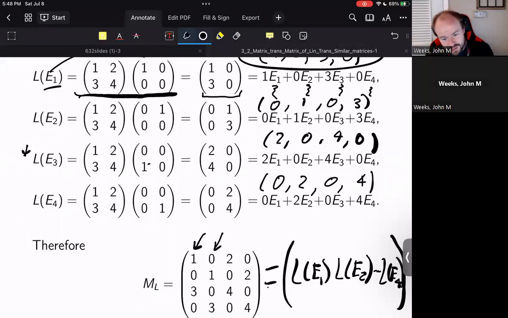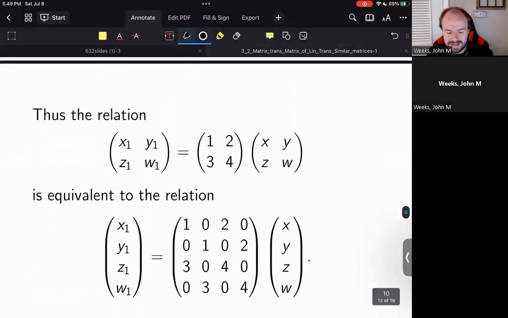And this is a little bit interesting because we haven't really thought about this. We may have thought, oh, okay, well, maybe the matrix of this linear operation is just a 2 by 2 matrix, just like before, because we were just working in 2 by 2 matrices there. The reason that it was different is that each space of matrices has 4 basis elements, and we have to know where each of those basis elements gets sent.